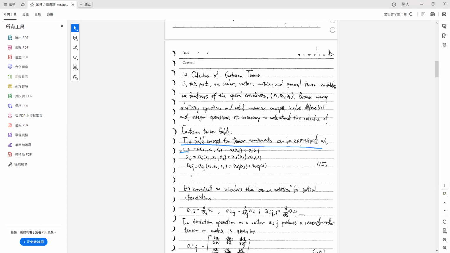A scalar field A equals A over s1, s2, s3. It means it's a scalar function with 3 variables. And a vector A_i equals A_i over s1, s2, s3, which means this vector has 3 variables. Like this, and A_ij is a matrix with 3 variables.